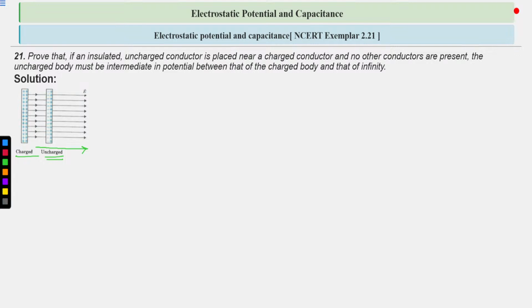At infinity it will be 0. This uncharged conductor is placed between infinity and the charged conductor, so it will have a potential intermediate between that of the charged conductor and infinity.